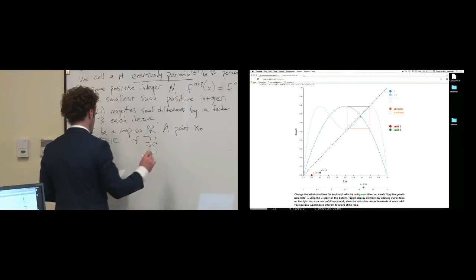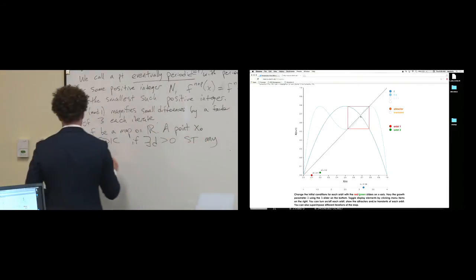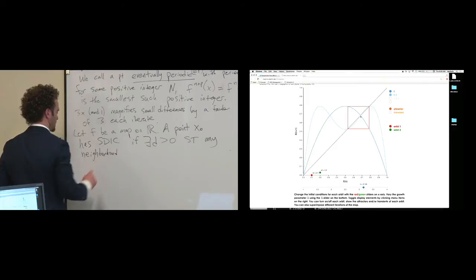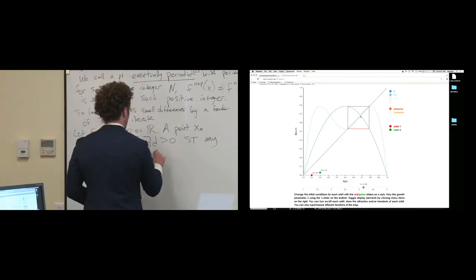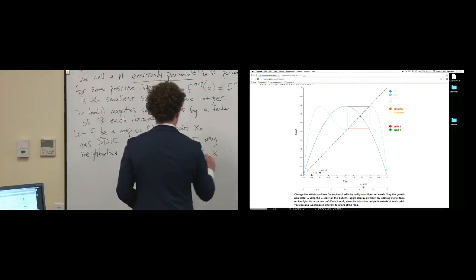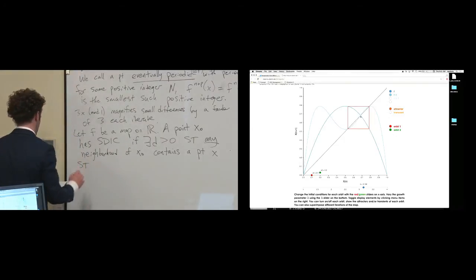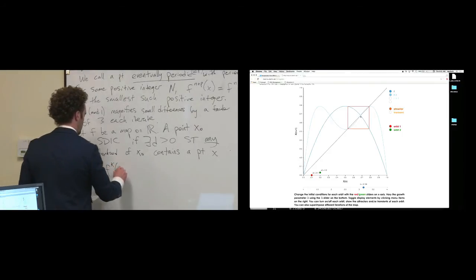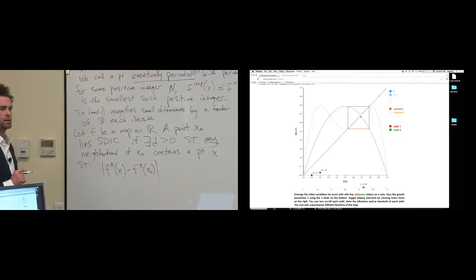If there exists a distance d bigger than 0 such that any neighborhood, neighborhoods like that little N sub epsilon, any neighborhood of x0 contains a point, which we'll call x, such that if I iterate the two forward under f k times and look at how far apart they are.